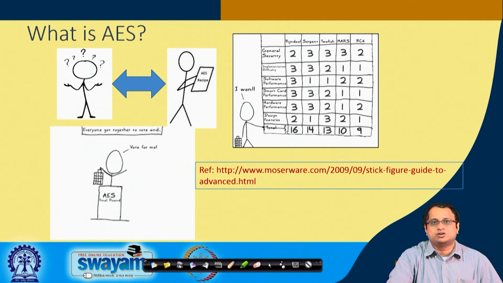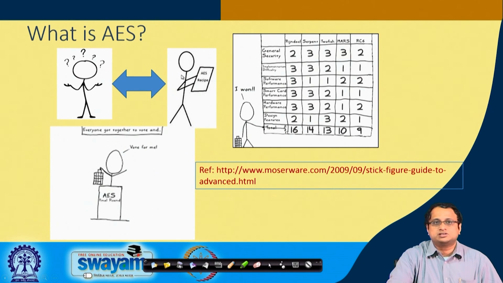We will look into this in the next class. I would like to mention here that in the original proposal for AES there were different algorithms proposed, but Rijndael, which was the name of the original algorithm, won over several other algorithms not only because of security but also because of implementational advantages.